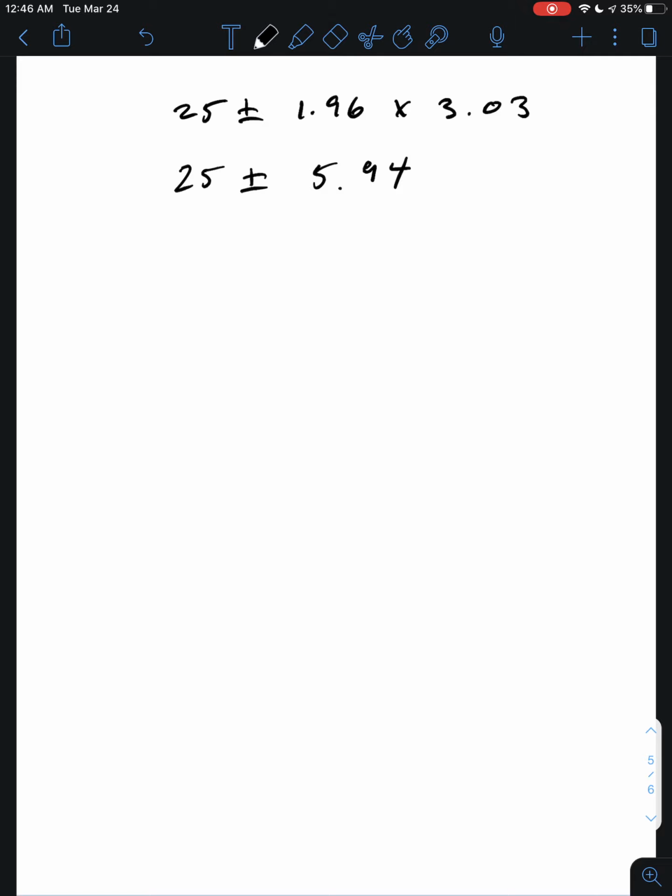And now to write it in interval form, I put the lower number first. So 25 minus 5.94 would be 19.06 to 30.94 is the confidence interval.